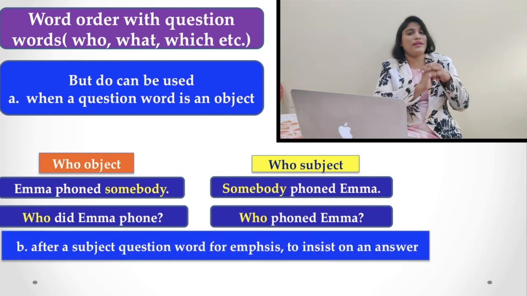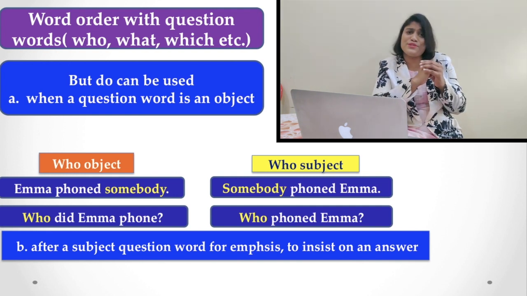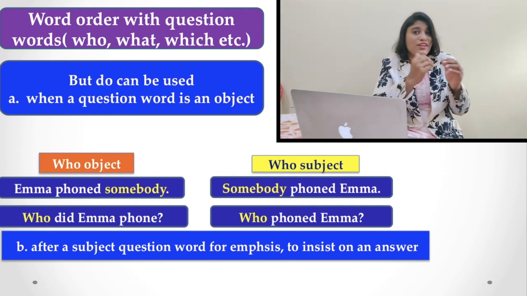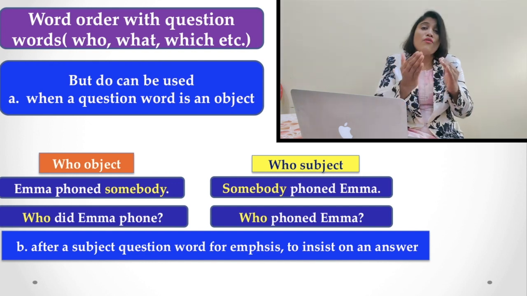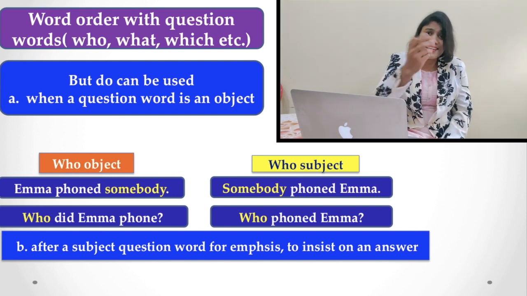Now another point, just keep it in mind, because this is an exception: the auxiliary verb do can be used with a question word when it is the subject. Yes, I am talking about that. This is an exception.